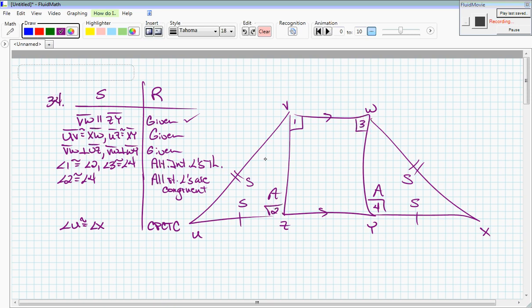So now we have enough information to say that triangle VUZ is congruent to triangle WXY by the hypotenuse leg congruence theorem. And therefore, the remaining parts, for example, angle U and angle X, have to be congruent by CPCTC. Corresponding parts of congruent triangles are congruent.